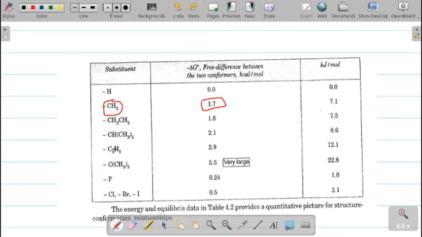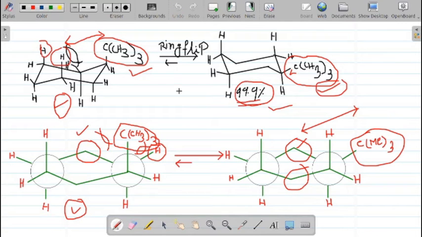And in the case where the substituent is the tert butyl group, minus delta G naught is 5.5, that is, delta G naught for the tert butyl group is minus 5.5 kilojoule per mole, which is the change in the standard Gibbs energy.